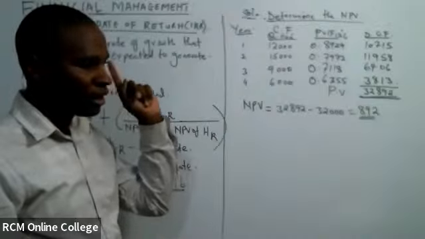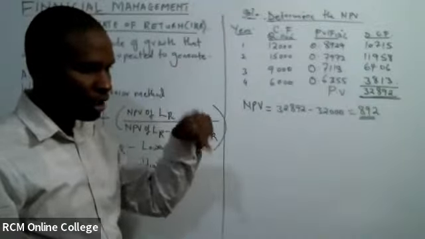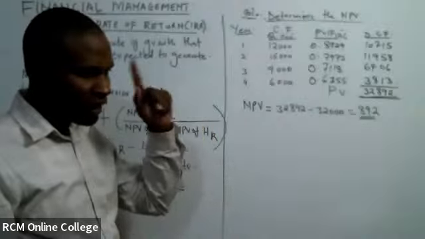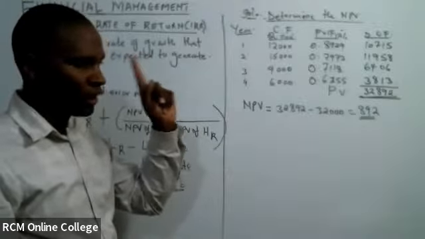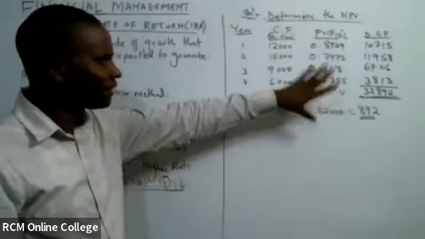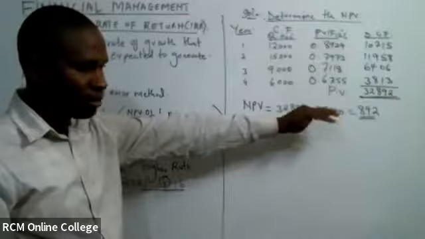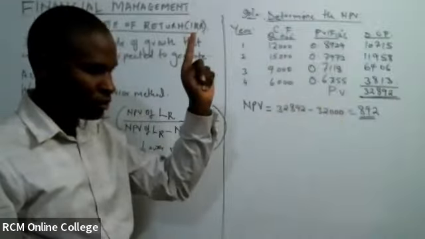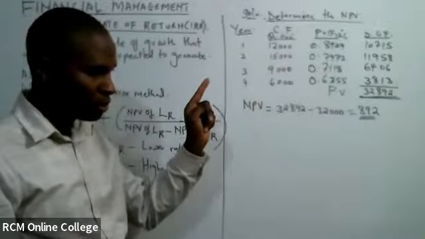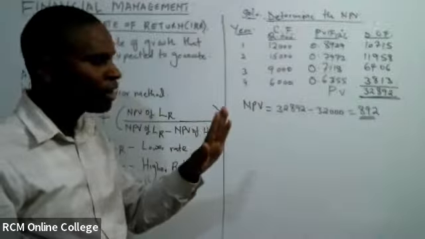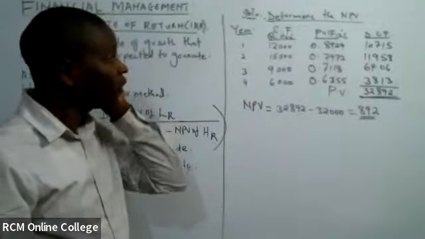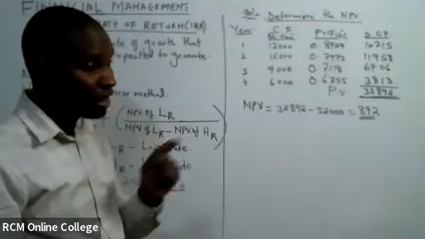Are we changing it upward or downward? We increase the cost of capital. Exactly. If you compute in the first juncture and get a positive, you increase the cost of capital. Kama tungepata negative hapo, tungefanya nini cost of capital? Chini. Jua tu hivyo. So in our case here, we want to get either a negative or zero NPV.